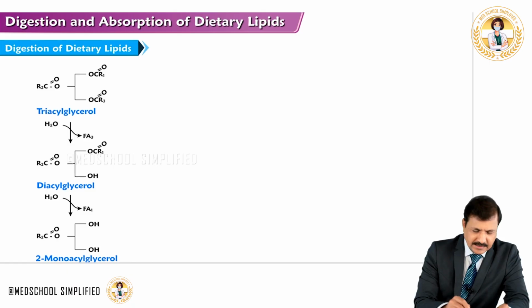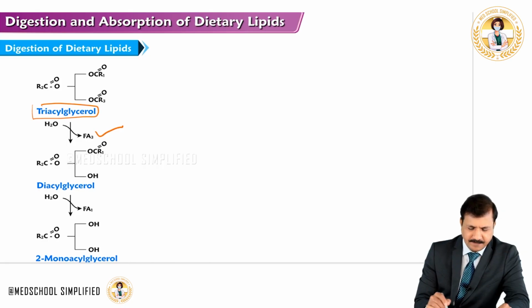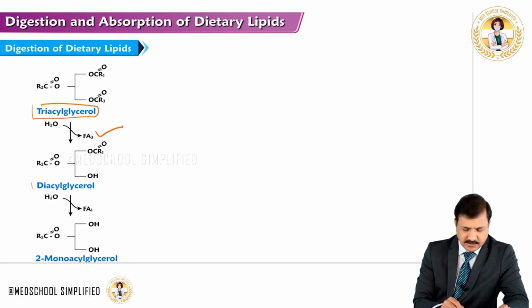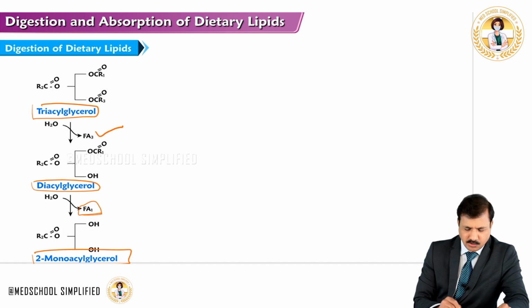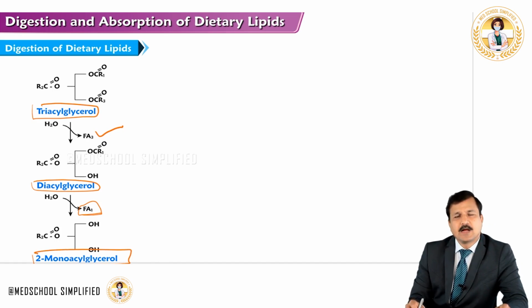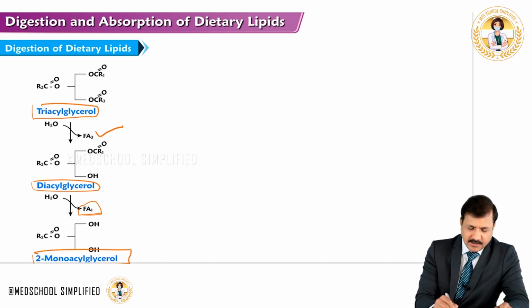Now, you can see the action of pancreatic lipase in this particular diagram. So, 3 fatty acids are attached to a triacylglycerol. The third carbon fatty acid is released as a free fatty acid, now making a diacylglycerol, and the diacylglycerol releases 1 more fatty acid at the first carbon, becoming 2-monoacylglycerol.